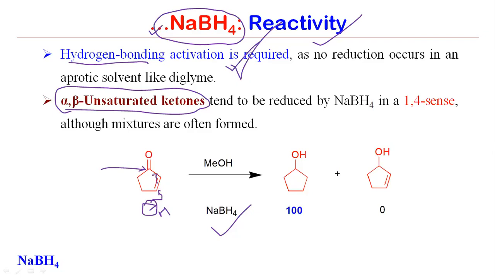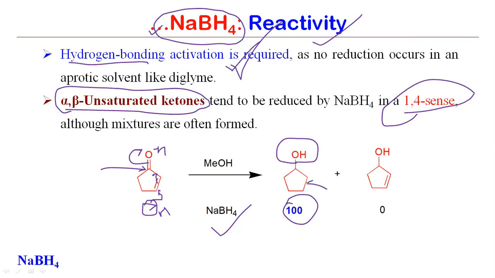The double bond will be here, and then it can be reduced also. Again this O minus will give the OH after protonation. Then in the second step this double bond can also be reduced. So we get exclusively 1,4 reduced products. This is called the 1,4 reduction pattern, in which we get the corresponding alcohol and the double bond is reduced, so there is no double bond in the molecule. So this is the general reducing characteristic of sodium borohydride.